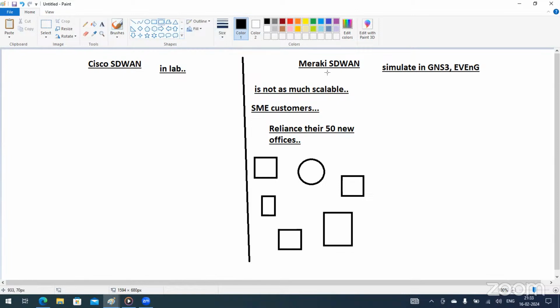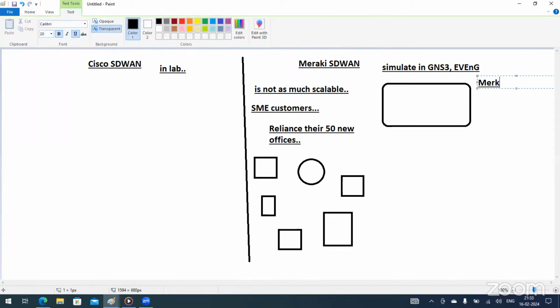Why? Because with Meraki SD-WAN there is a thing called the Meraki dashboard. Meraki dashboard is hosted on Cisco Cloud. It is a remote controller, you can say, from where everything is done.